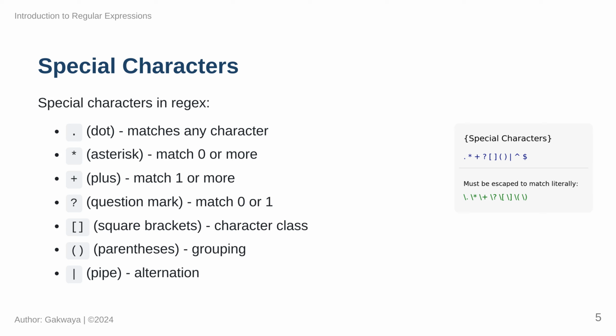Square brackets let us define custom character classes, while parentheses group parts of our pattern together. When you need to match these characters literally in your text, you need to escape them with a backslash. For example, to match an actual period, you'd write backslash dot instead of just dot in your pattern. Understanding these special characters and how to use them is crucial for writing effective regular expressions.